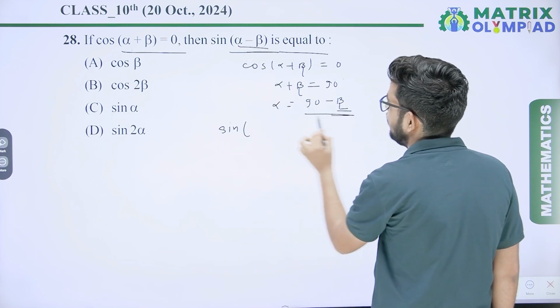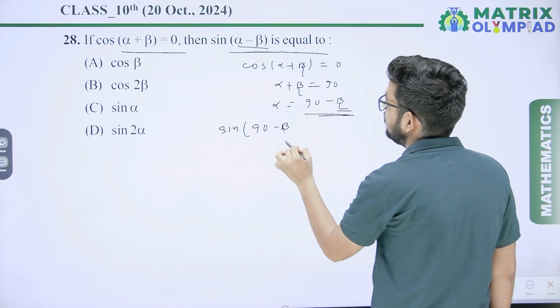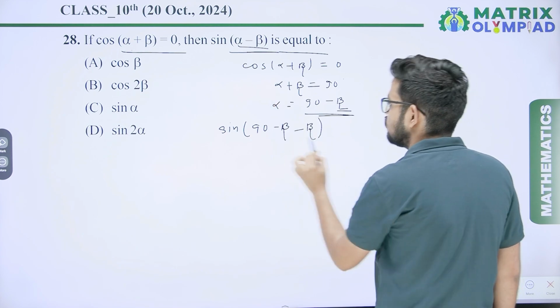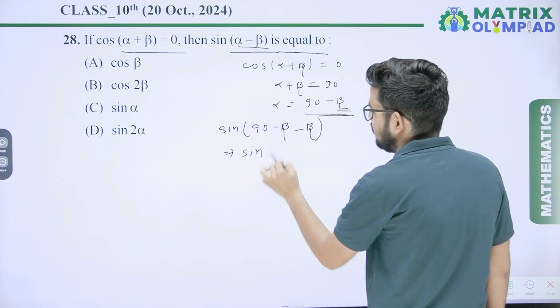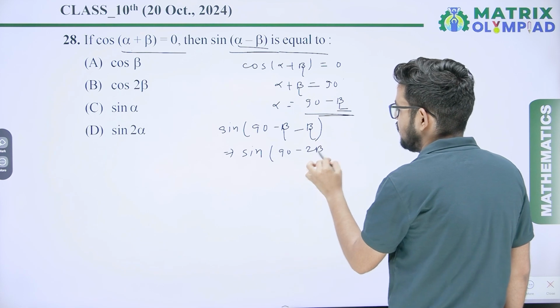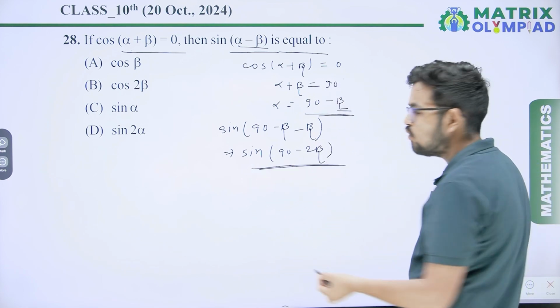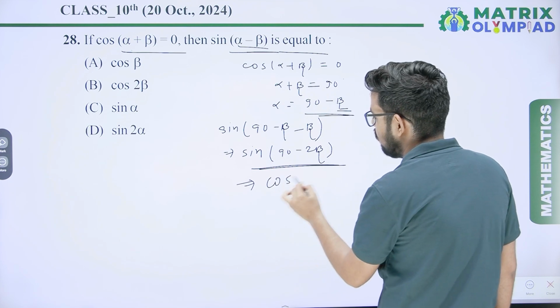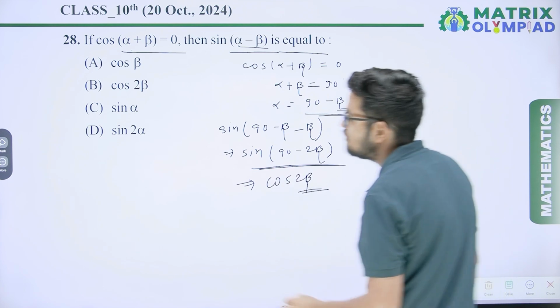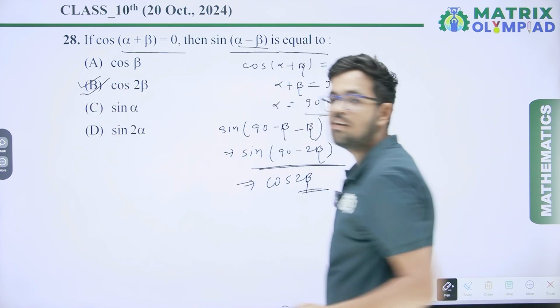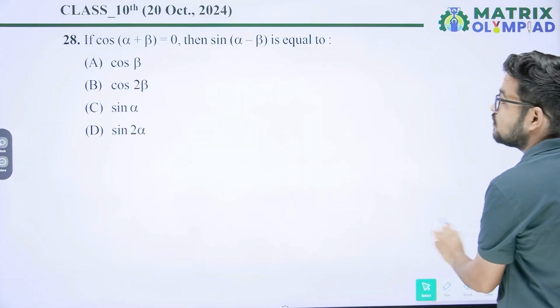So the value of alpha is 90 minus beta, so 90 minus beta minus beta. So you will get sin of 90 minus 2 beta. You know very well that sin of 90 minus theta equals cos theta. So it will change into cos 2 beta. So our correct answer is cos 2 beta. Option B will be the correct answer.